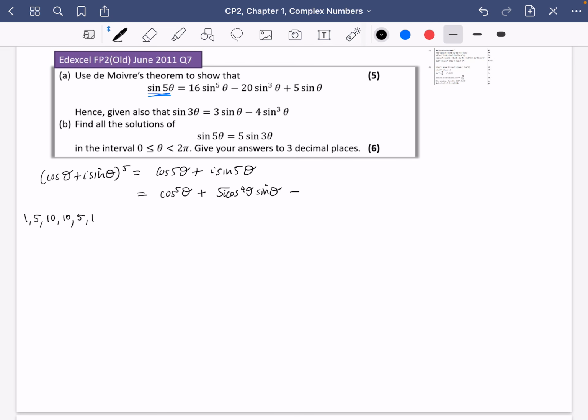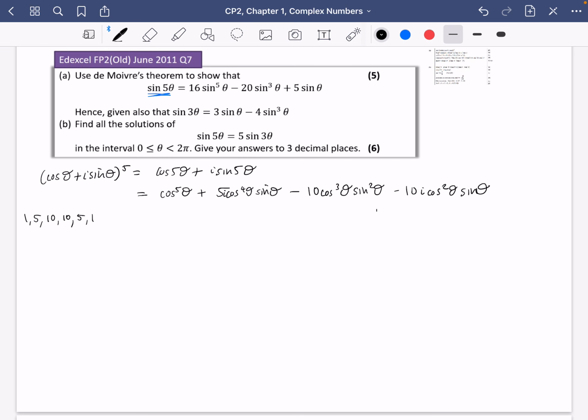Now i squared is going to be minus 1, so I'm going to get minus 10 cos cubed theta sine squared theta. Then I'm going to be multiplying it by another i, so it's going to be minus 10i cos squared theta sine cubed theta. I'm going to go over to the next line.